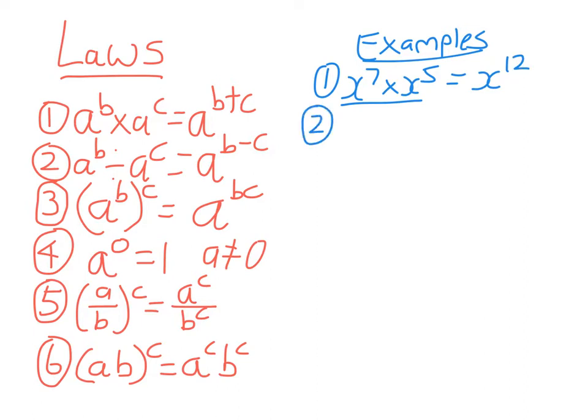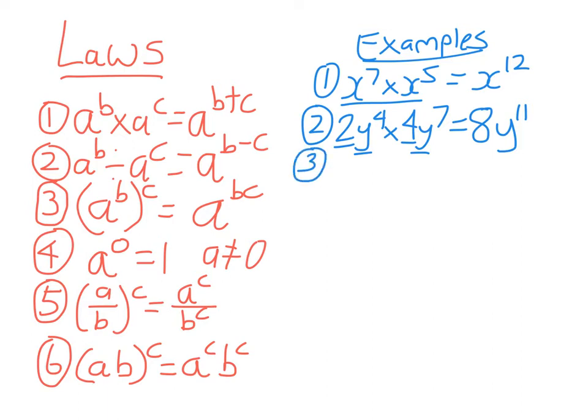Second, if I have an expression like that but with numbers as well, I do the numbers separately. So if I have 2y to the power of 4 times 4y to the power of 7, 2 times 4 is 8, and then y to the power of 4 times y to the power of 7, keep the same base and add the indices. I can do that because the order in which you multiply things doesn't matter.